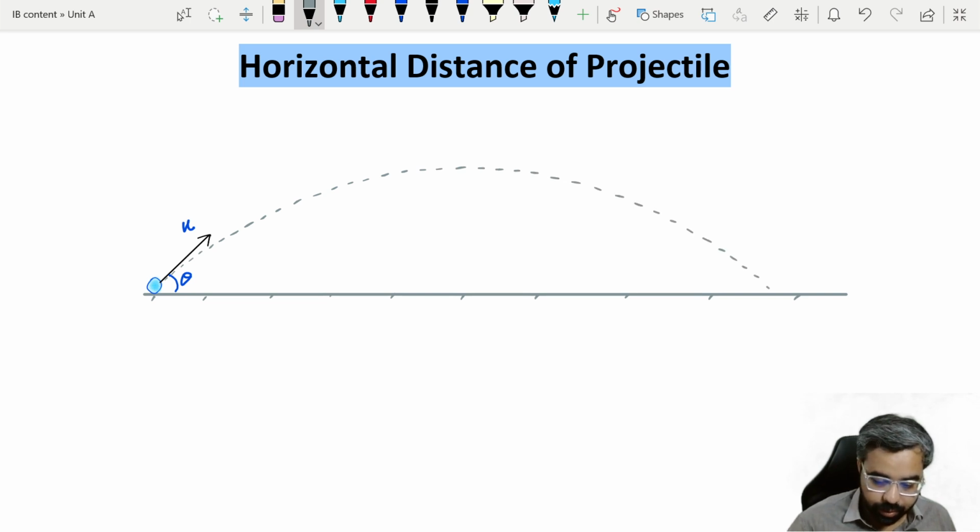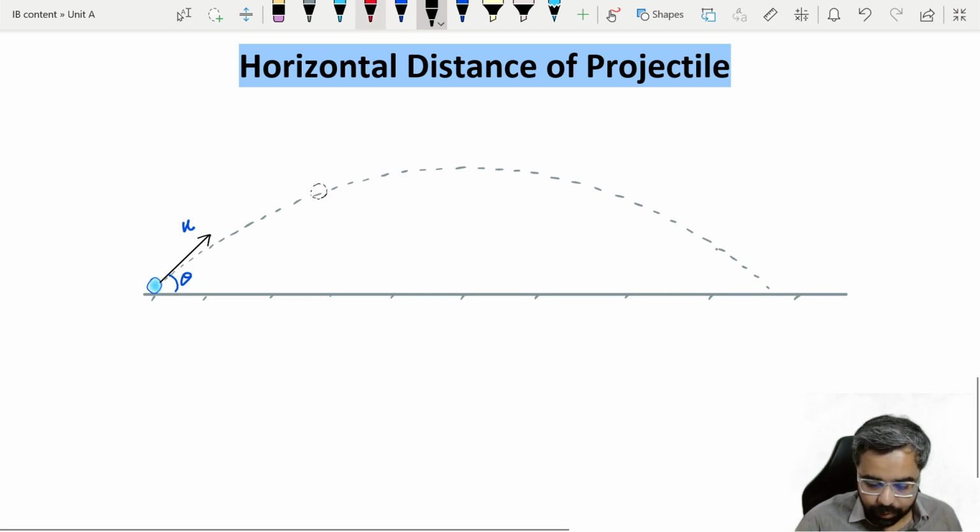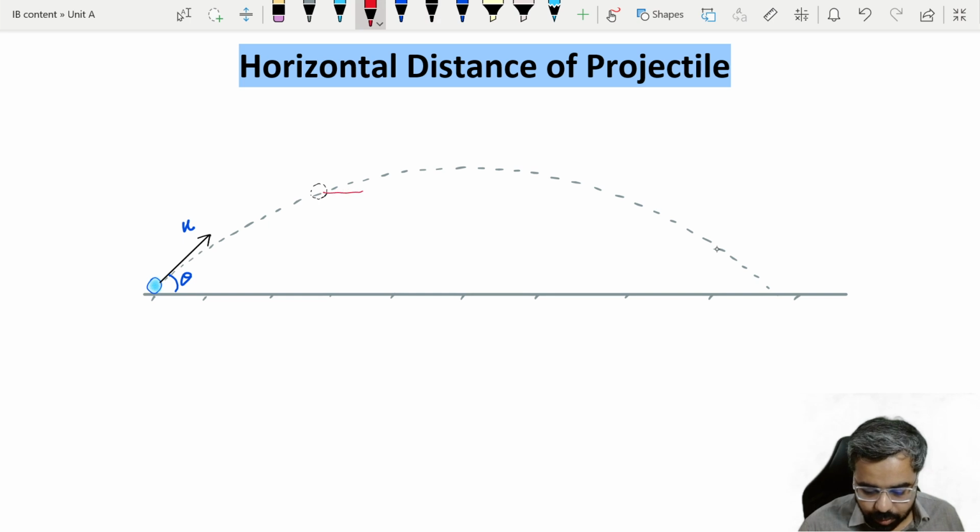If there is no air resistance, then we know that the ball will move with a constant horizontal velocity. In fact, the horizontal velocity is responsible for its horizontal motion, because when you have thrown this ball with some energy, it also has a horizontal component of kinetic energy.